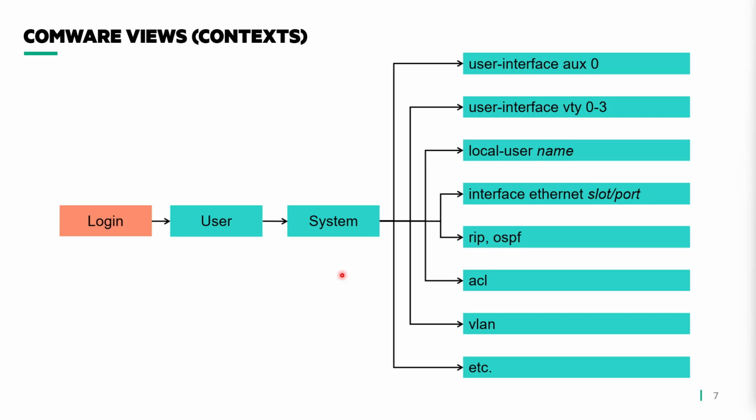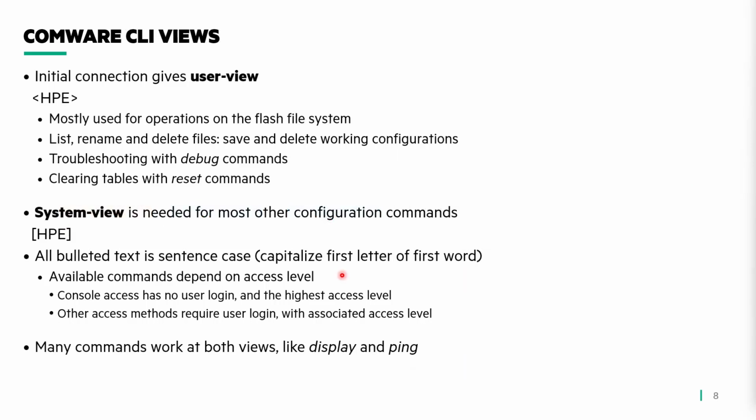It works slightly different. In the system view, we do all the configuration. In the user view, normally we do things like flash management, rename, delete, update, upgrade, troubleshoot, debug commands, and so on. Save, delete, working config, all of that is done in the user view.